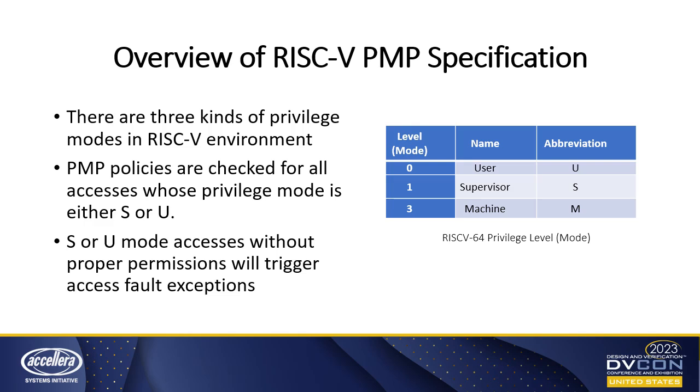Supervisor mode or user mode accesses without proper permissions will trigger access fault exceptions in the system. So there are 2 important goals in verifying a PMP unit. One is to ensure accesses with proper permissions happen correctly. Second, equally important, is to ensure accesses without permissions generate exceptions.